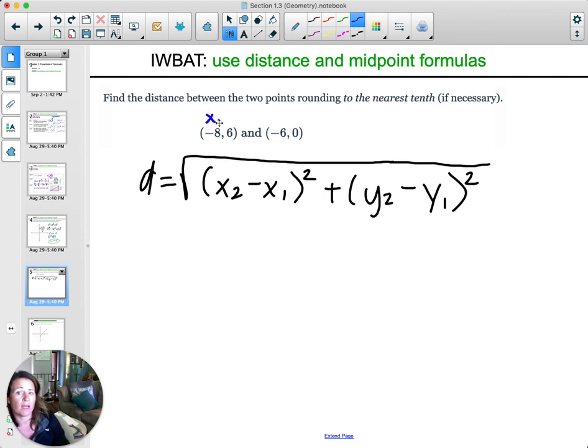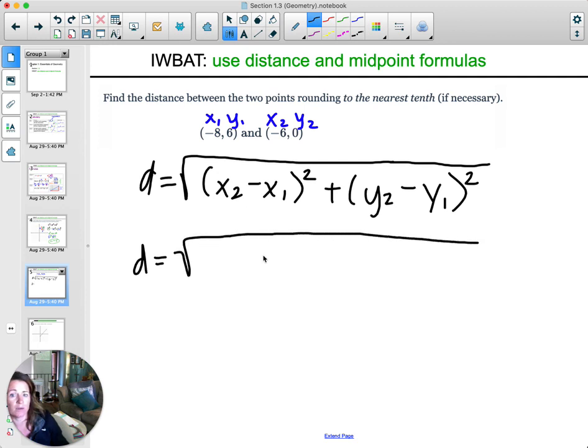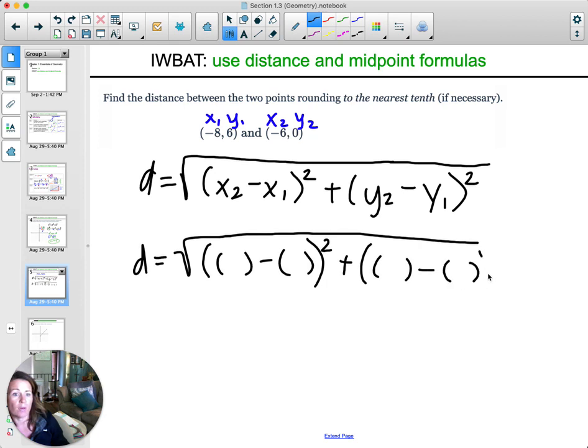Remember, you have an x coordinate and a y coordinate of your first point, an x coordinate and a y coordinate of your second point, and then you're just going to plug these in. So I'm just going to rewrite down the spots that we are going to plug stuff in. So we're going to plug in for x2, x1, y2, y1.